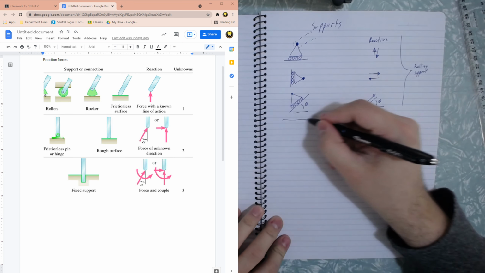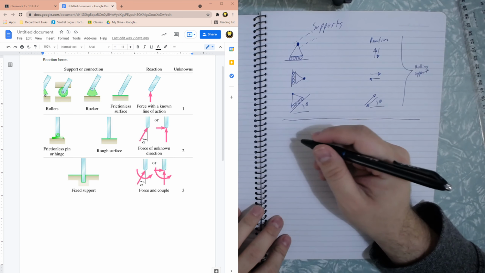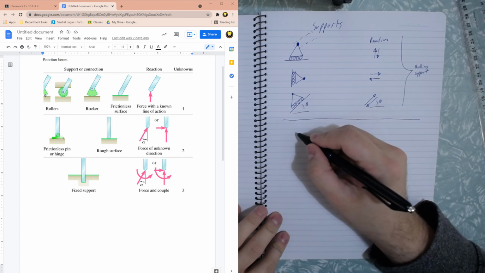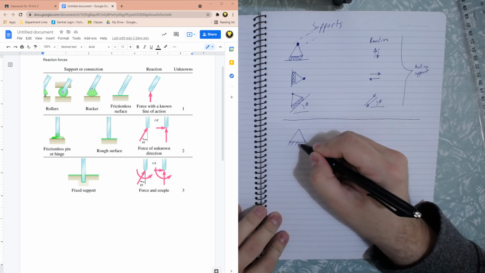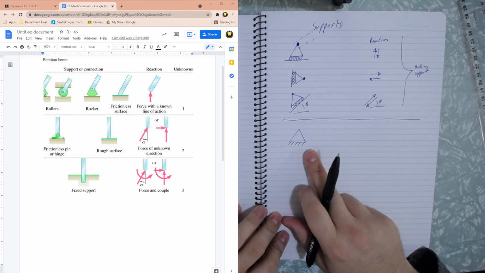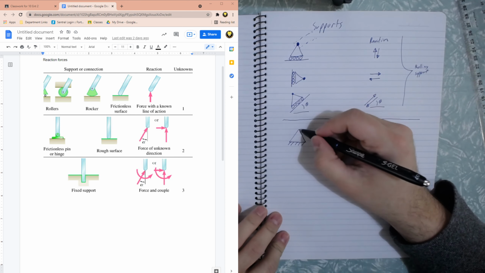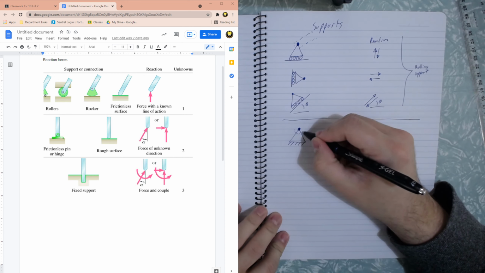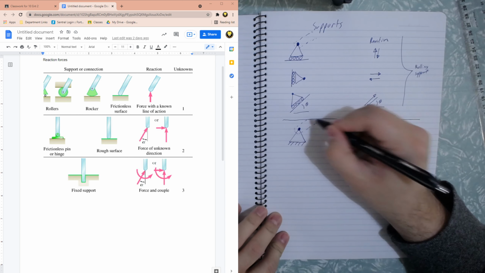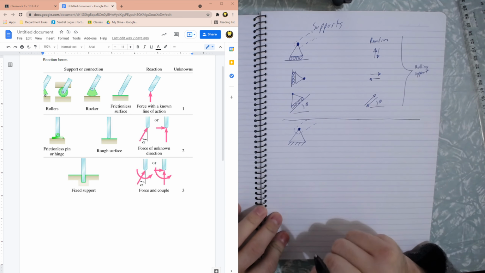Next we have a pin joint. So these are going to look like a triangle, and then they have lines at the bottom of it to denote that it's connected to the ground, but it still has the pin at the top. So again, it can still connect to a support or a truss or whatever by that pin joint.